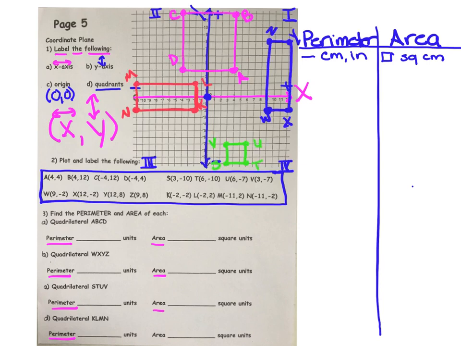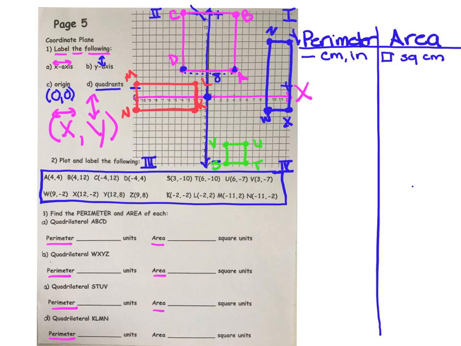You should have plotted the following quadrilaterals on the coordinate plane. Let's start with our first quadrilateral, ABCD, at the top of our coordinate plane. Let's calculate the length and the width, or the base and the height, of this particular quadrilateral. From point A to point B, we can figure out the base length by counting the units. 1, 2, 3, 4, 5, 6, 7, 8.